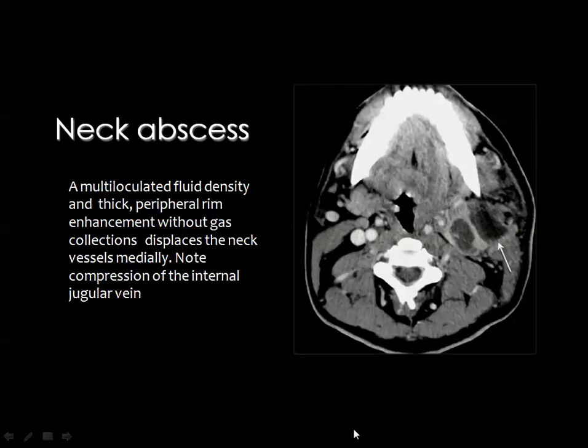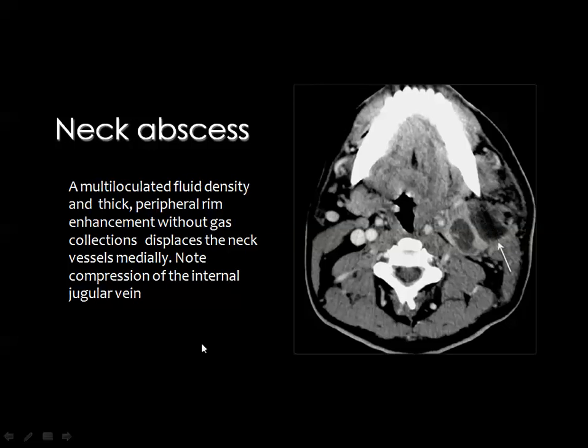The spread of infection in the perinodal area may result in the formation of intranodal and perinodal abscesses, like in this area. And you see this is the sternomastoid muscle, and this is the lymph node with the development of an abscess inside the node as well as adjacent to it.